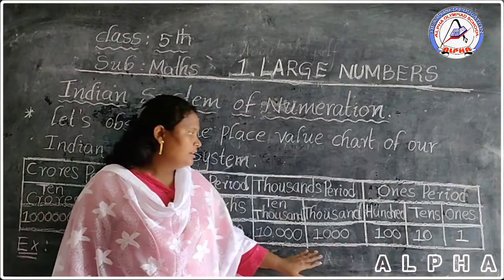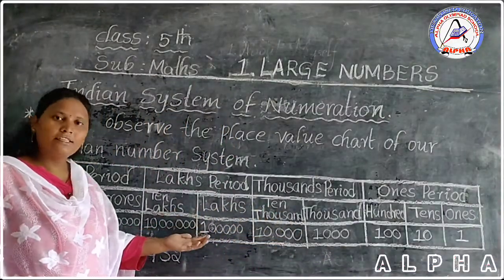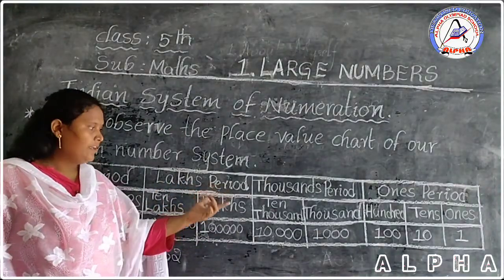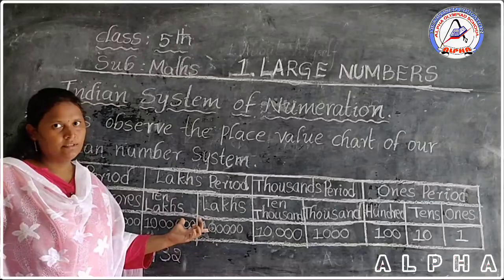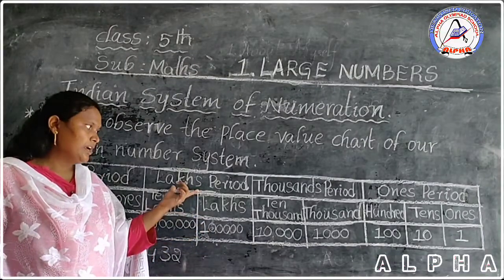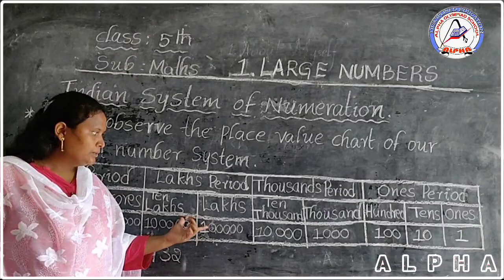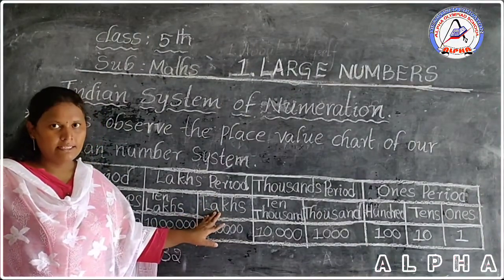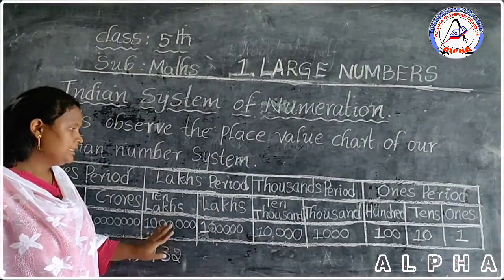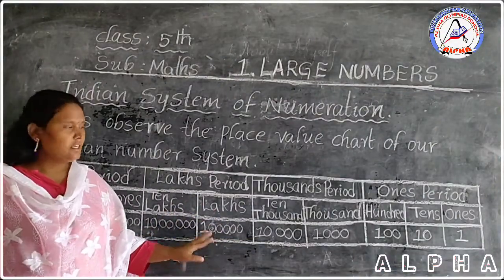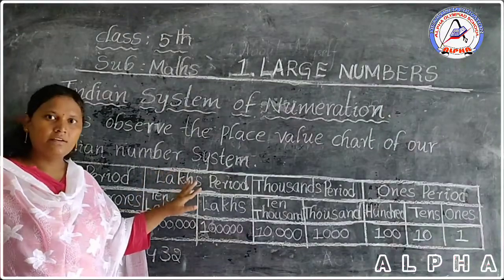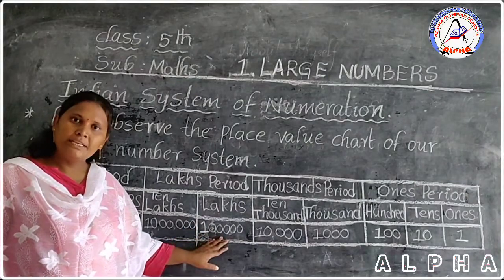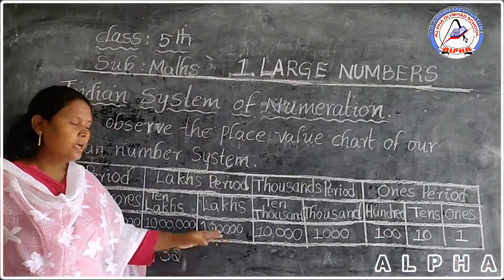Let's come to know about our third period, the lakhs period. In this lakhs period, we have 2 place values. The first place value is lakhs and the second place value is 10 lakhs.